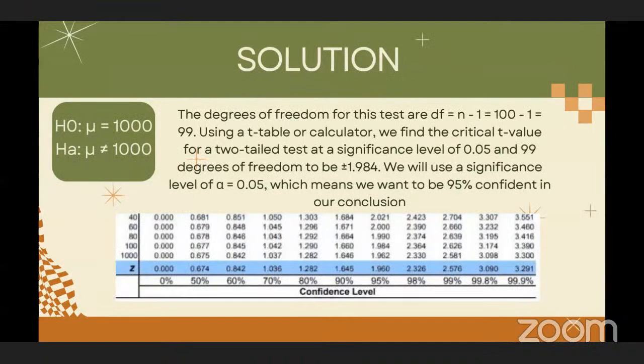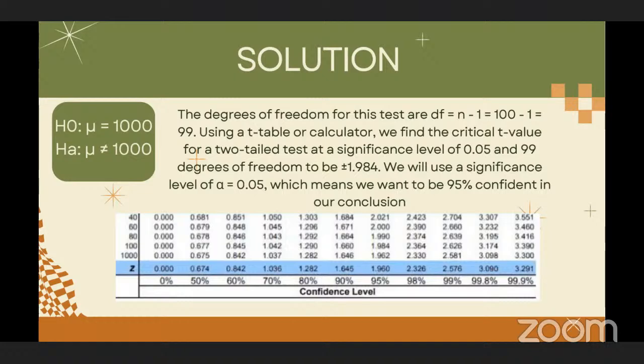So the solution: the degrees of freedom for the test, DF, is equal to n minus 1, so 100 minus 1 is 99. Using a t-table or calculator, we find the critical t-value for a two-tailed test, a significance level of 0.05 and 99 degrees of freedom, to be about plus or minus 1.984.